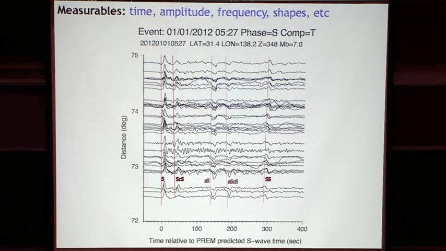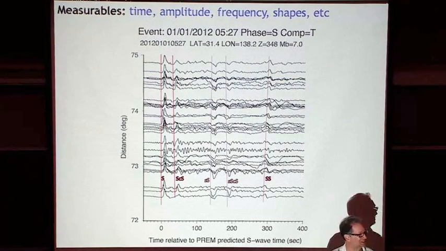This is just a couple degrees of distance centered around the S wave arrival, shown relative to the preliminary reference Earth model predicted S waves. And actually, this is impressive. These are what I would call good data. Now, one person's good data is another person's bad data. One person's noise is another person's good data, depending on what you're doing.